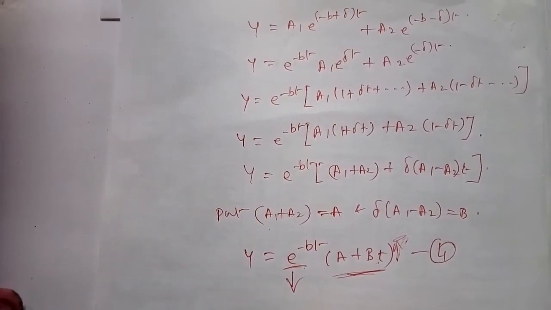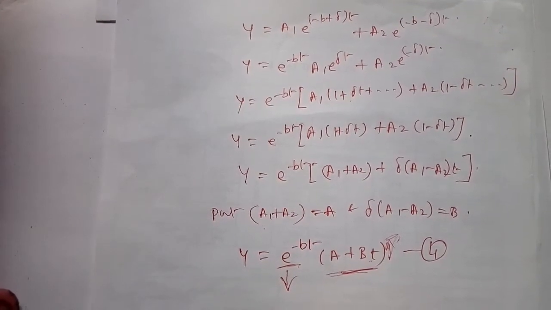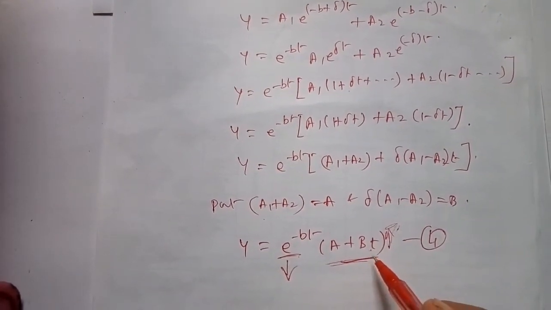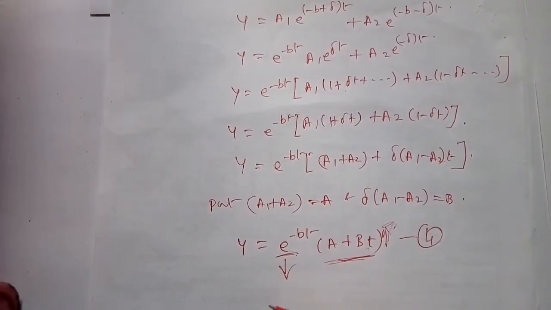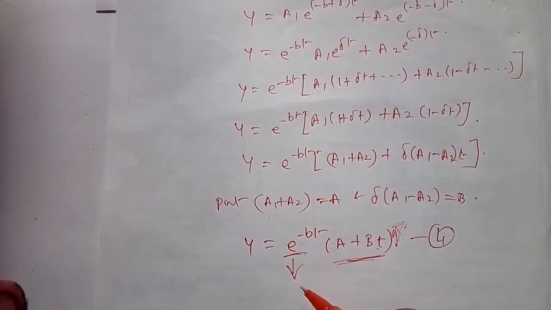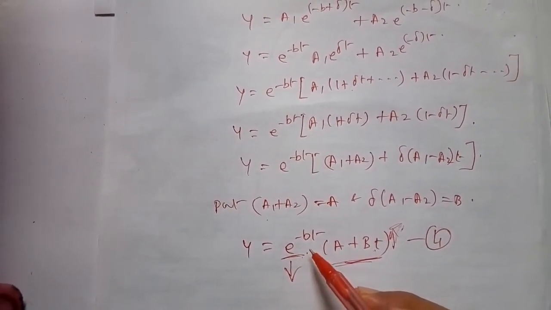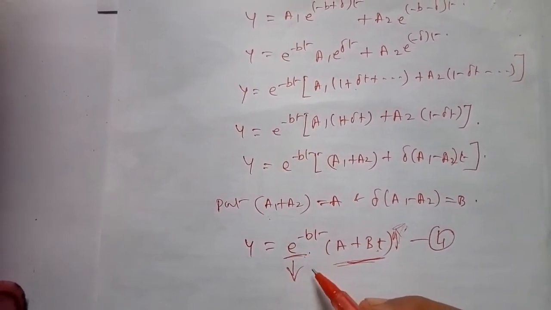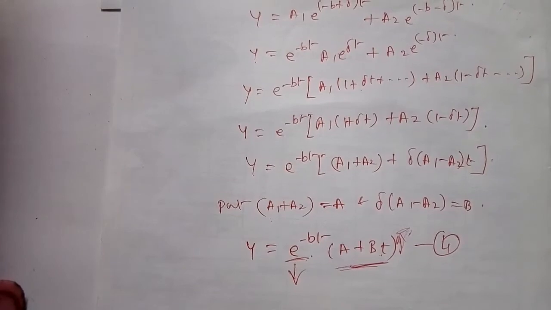So the displacement first increases due to the factor A plus B into t, but at the same time reversal occurs due to the exponential term. Because of e to the power minus bt, the displacement approaches 0 as time t increases.